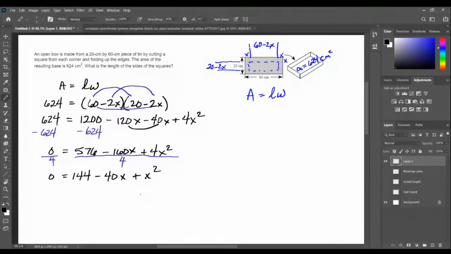Okay. And recall that I'm solving for x, right? What is the length of the sides of the square? So I'm solving for x. Let me rearrange this so it's in the format I'm used to with the x squared first. And so now I've got a, b, and c.